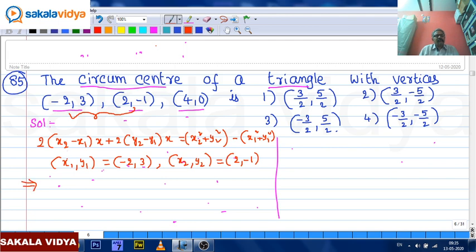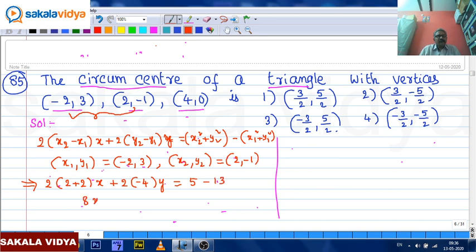Substituting in this equation: 2 times (2 plus 2) of x plus 2 times (minus 1 minus 3, that is minus 4) of y equals x2 square plus y2 square, 4 plus 1, 5, minus (4 plus 9, 13).